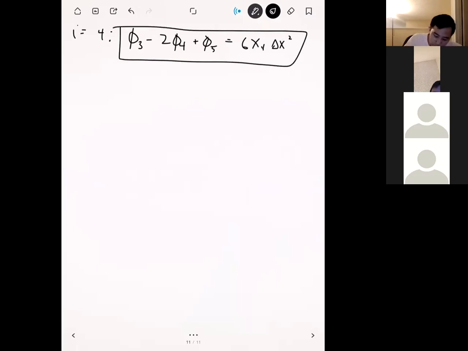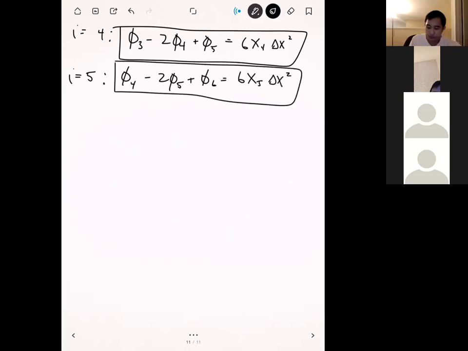And so this is equation number 3. Okay, next we set i equal to 5, and we get phi 4 minus 2 phi 5 plus phi 6 equal to 6x5 delta x squared, right? So that's our fourth equation. And then we're going to set i equal to 6.